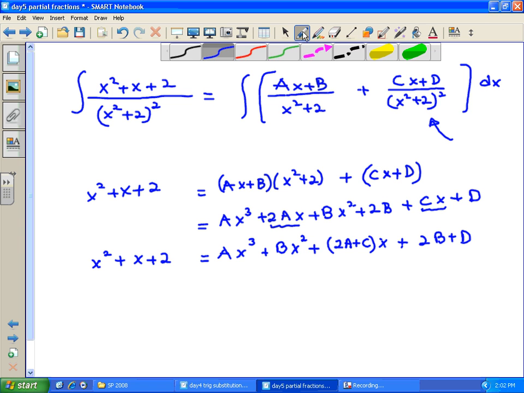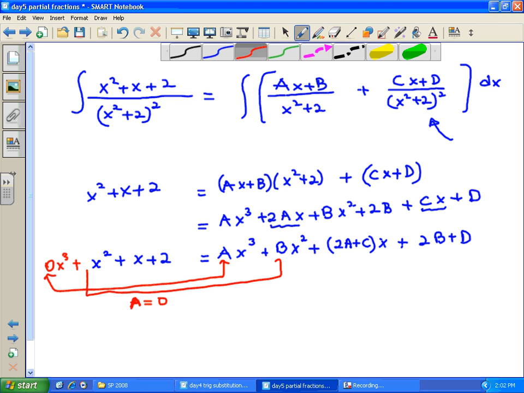Okay, right away we see something. What is that? There is no x cubed term here, right? This is like 0x cubed, if you will. So what is a equal to automatically? 0. So that's nice to know right away. a is 0. Also, b comes out very simply, right? What is b?